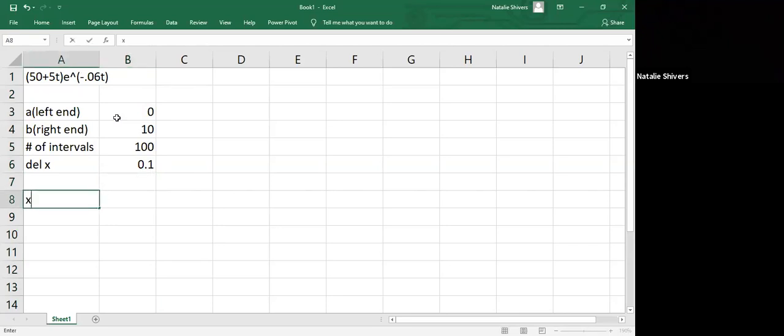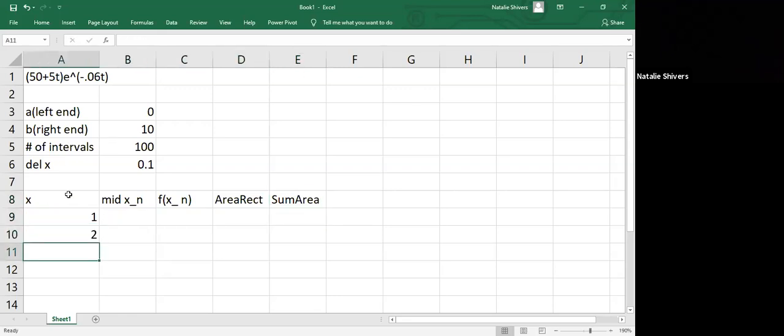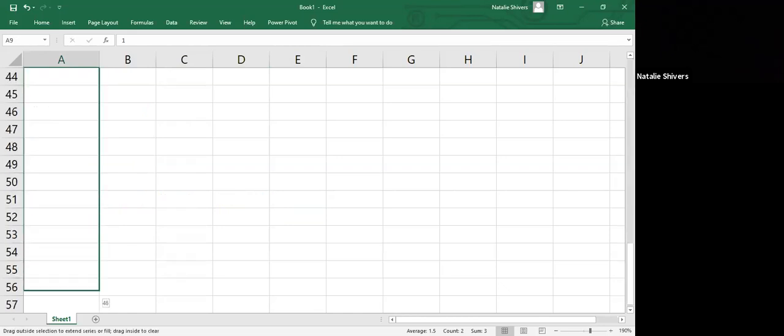Okay, so we have x mid, x sub n, f of x or f of x sub n, the area of the rectangle, the sum of the area. So we're going to do 1, 2, fill in all the way to 100.